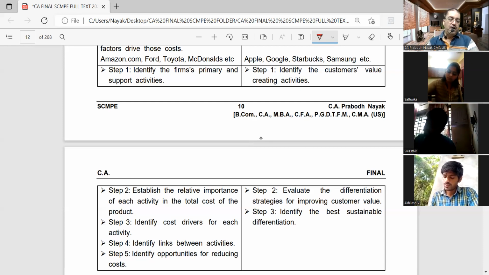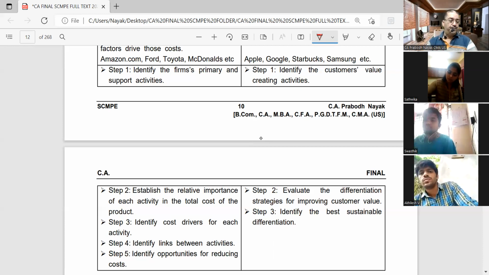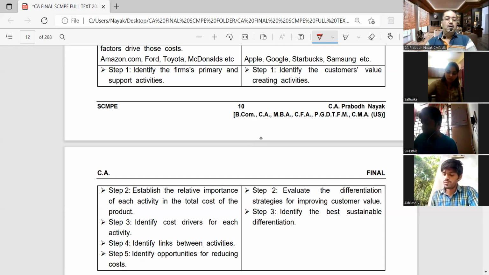For example, less components in the product design may lead to less defective parts, and less service cost.